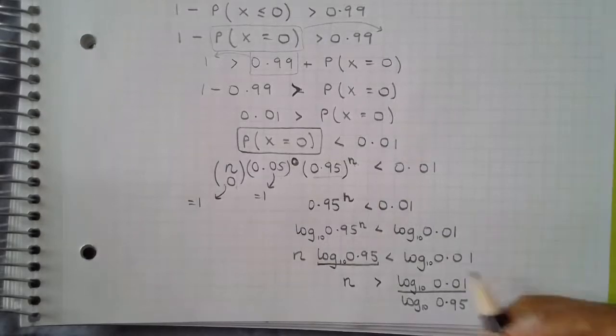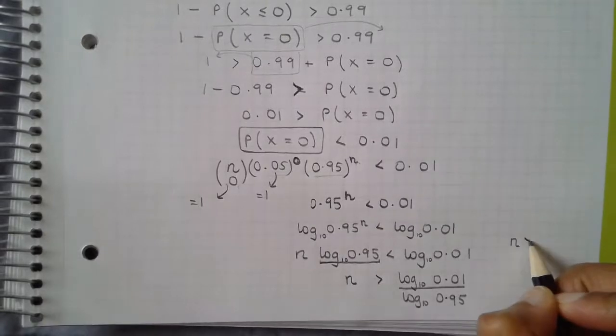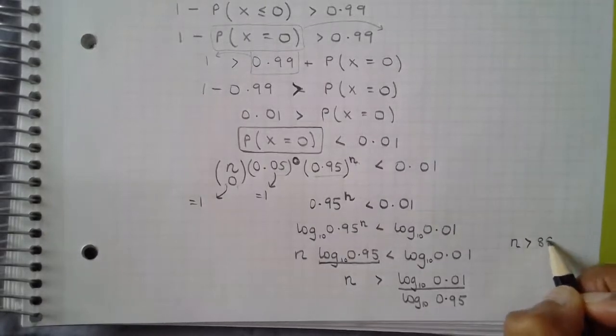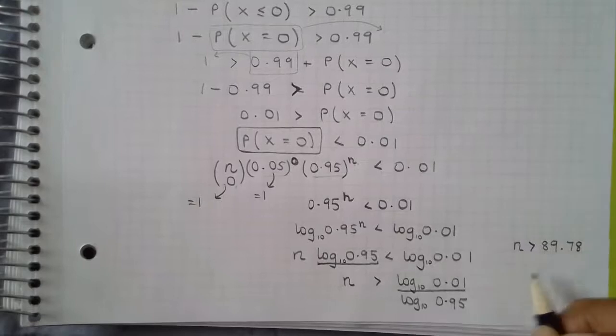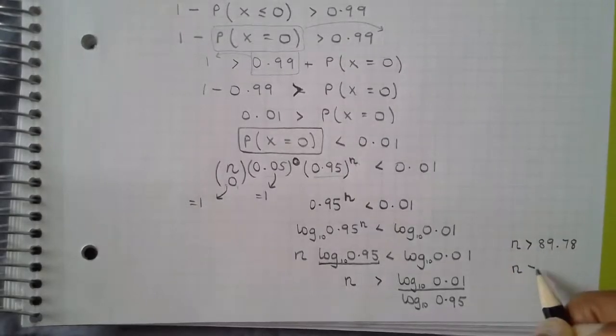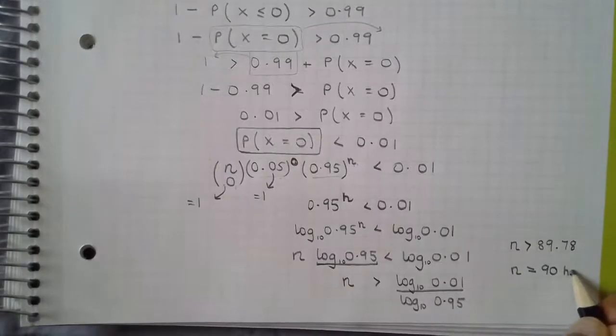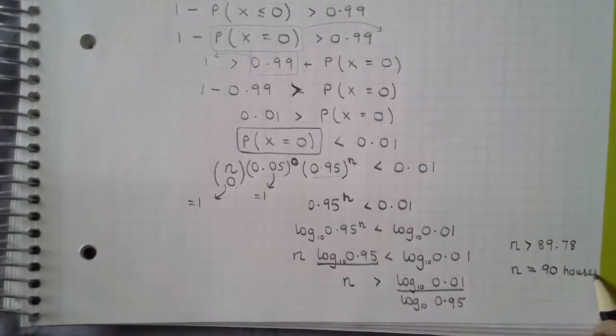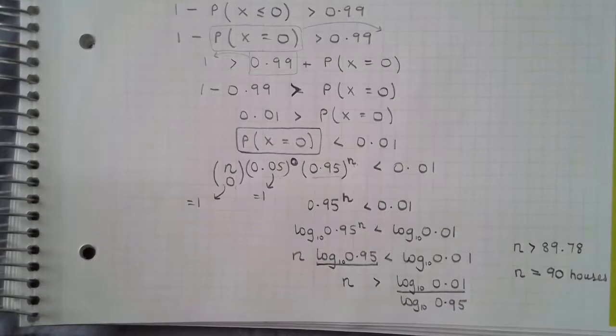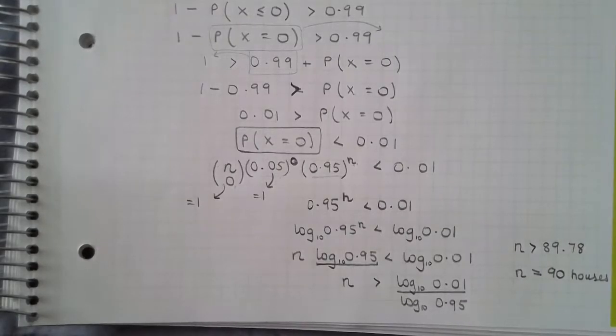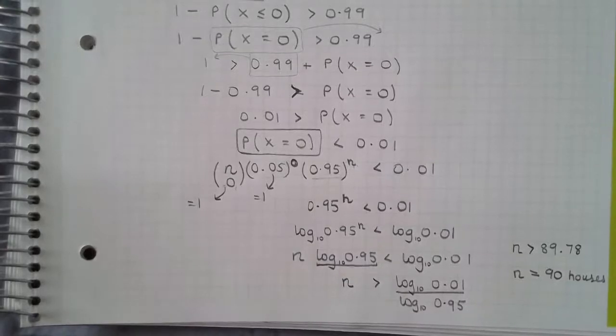That means he has to go around canvassing at least 90 houses for the probability of a success with at least one customer to be exceeding 99%.